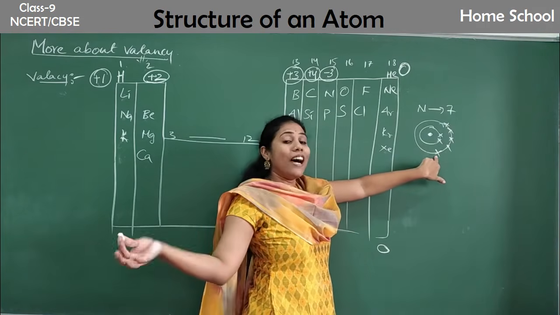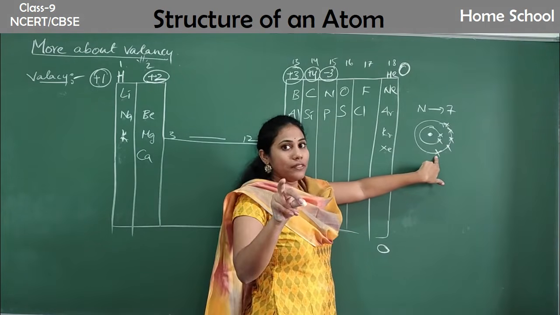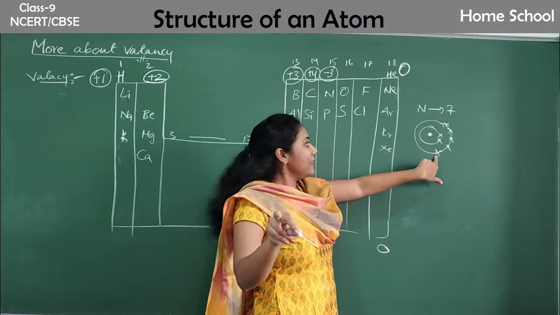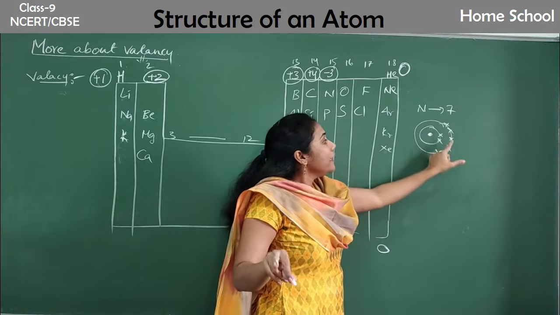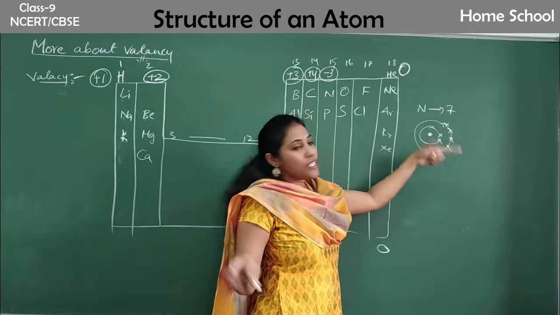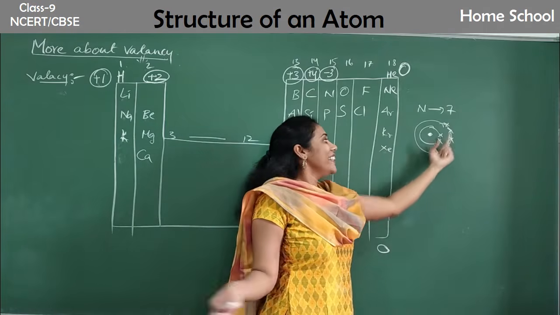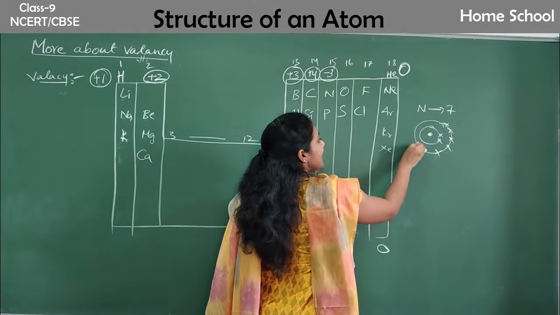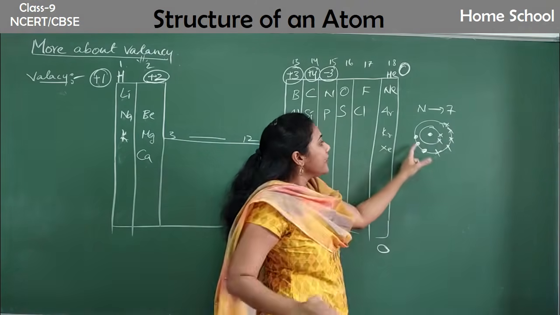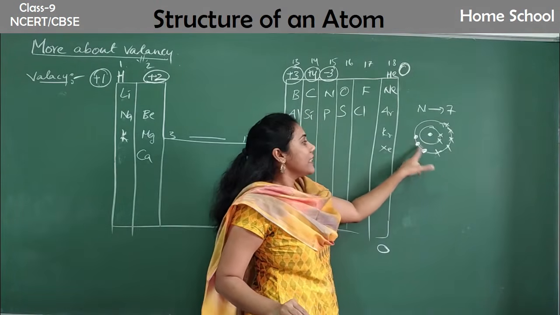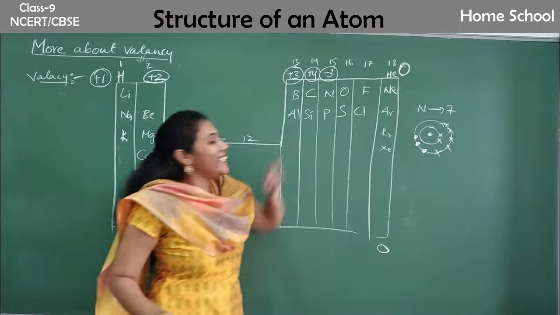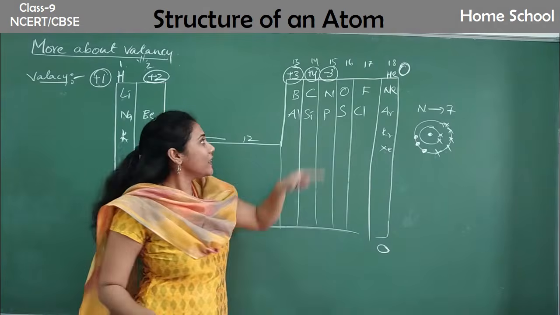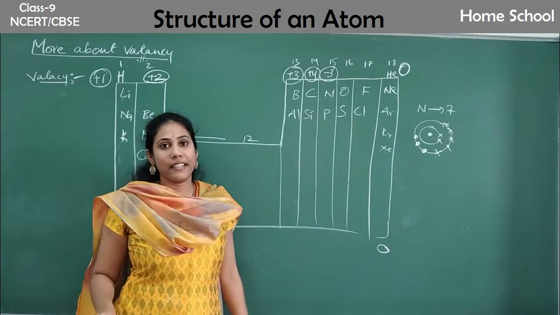To become 8, how many more does it need? 3 more. Isn't it? So, if it gains 3 electrons from others, it can have 8 electrons. If it can gain 3 electrons, it can have 8 electrons in its shell. That's the reason it will try to gain electrons. Since it is gaining electrons, I have indicated it with a minus sign.